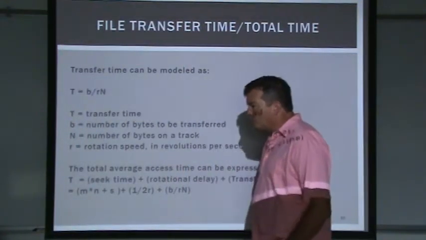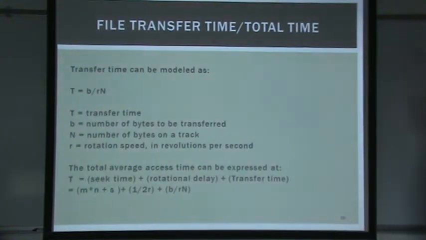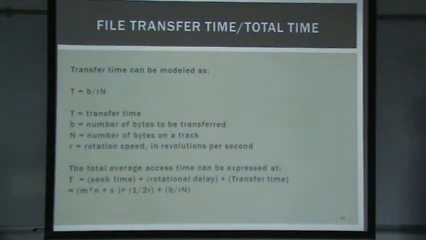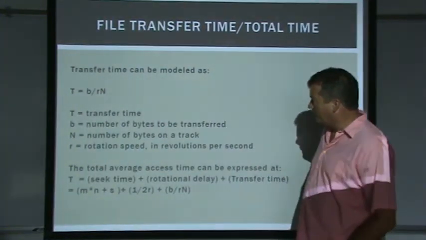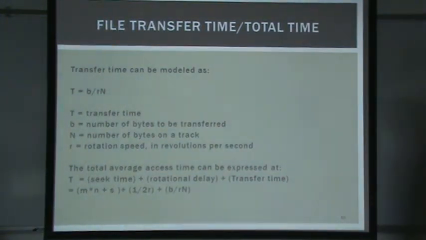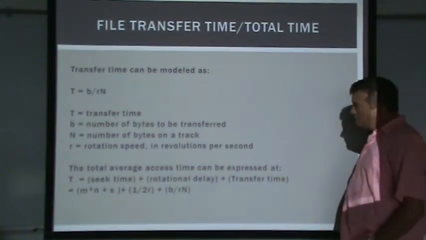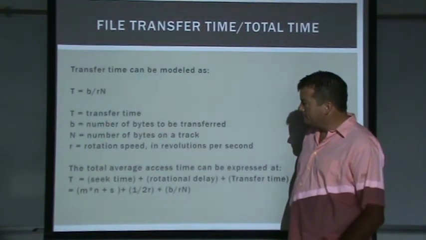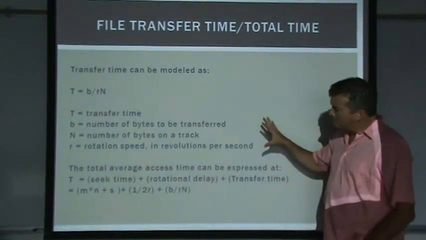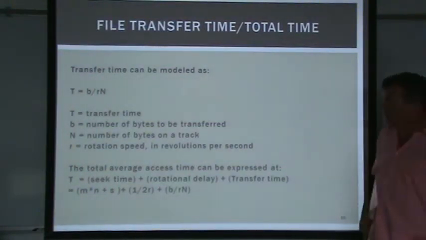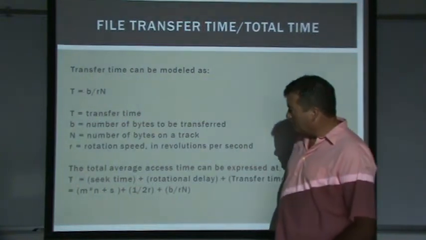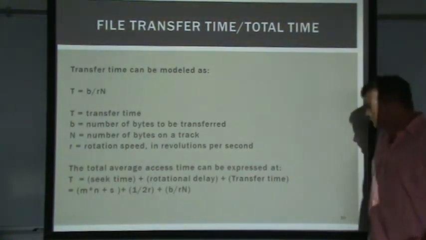So then the total transfer time to transfer the whole file in would end up being, let's say a variable b is the number of bytes to be transferred for the entire file, and N is the number of bytes per track. This is an example assuming there are no sectors, everything is just on tracks, and the rotation speed in revolutions per second.